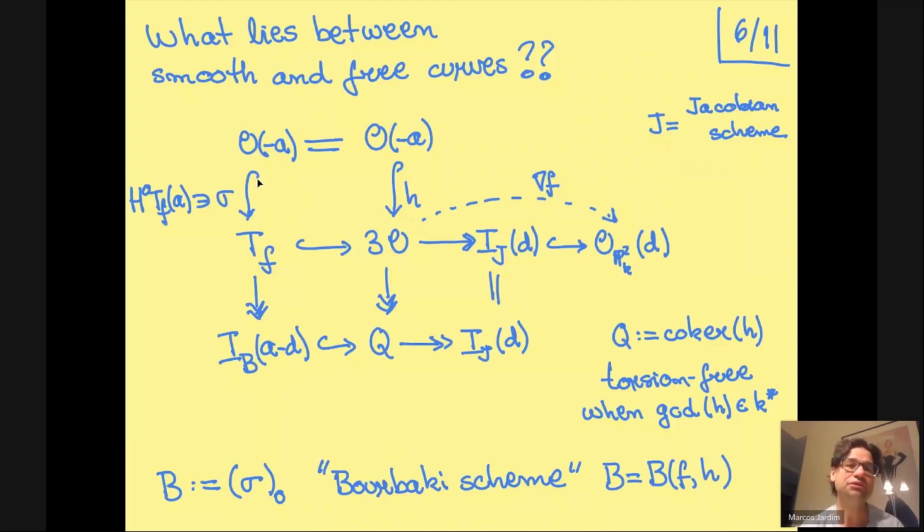It's the scheme of zeros of sigma, as a section of the logarithmic tangent sheaf. And we also obtain this sheaf Q here as the co-kernel of this morphism H, which can be written as the extension of these two ideals, the Jacobian ideal on one hand and the Bourbaki ideal on the other hand. Okay. Any questions about this diagram?